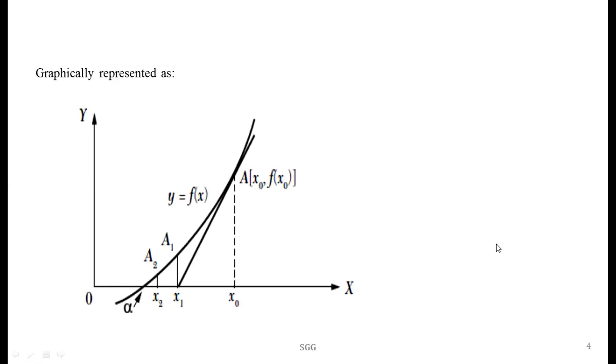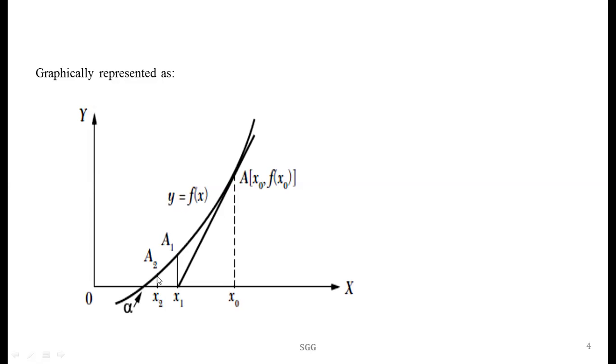Graphically, it is represented here. Let y is equal to f of x be represented on the x and y plane. The initial approximation is x0. Now we will draw a tangent to the function at x0. It will intercept the x-axis at a point that gives the next approximation x1. Now again at x1 and y1, we will draw a tangent to the function which will intercept the x-axis at x2.